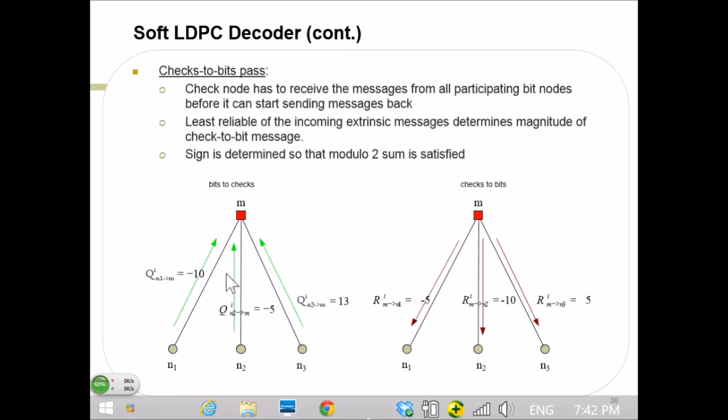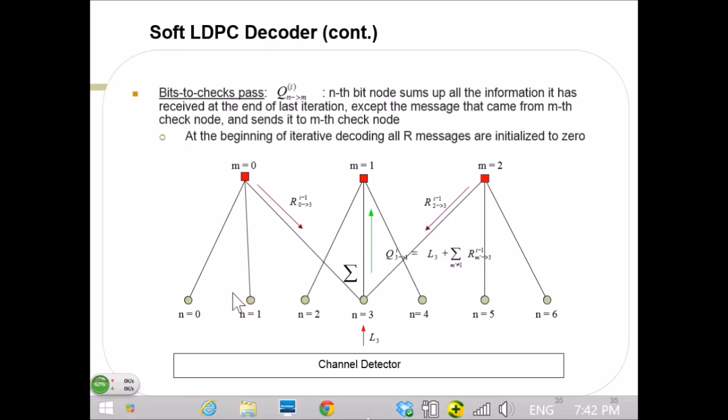And so this is basically the check node processing. The variable node processing is actually simple. So remember the previous example I mentioned. If I want to compute the information I want to send to a specific check node, you can think of this bit as having several checks or monitors.